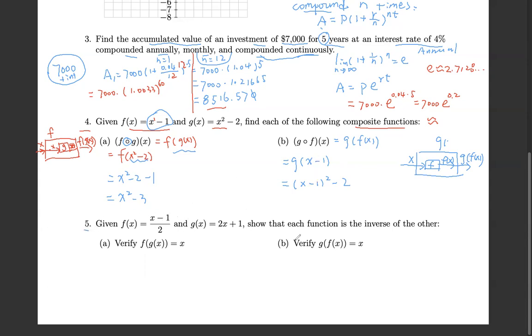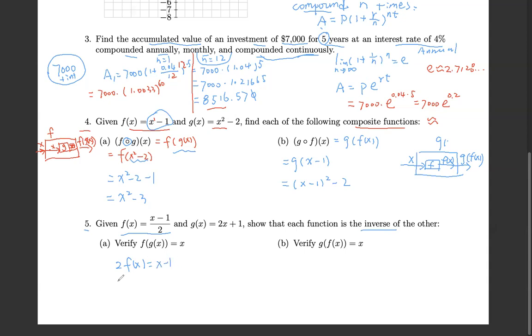Let's see number 5. Number 5 talks about inverse functions. So what is an inverse function? This is f of x equals x minus 1 divided by 2. Its inverse should be, we multiply by 2 first. So we get 2f of x equals x minus 1.